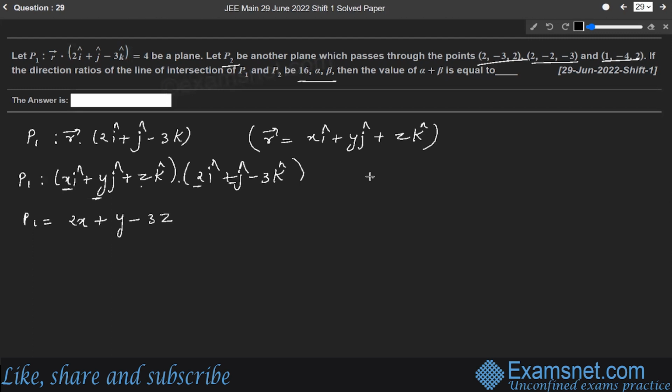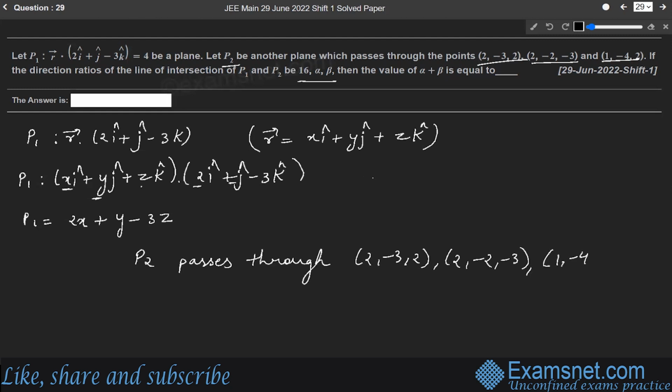Now you can see that for P2, three different points are given. So P2 passes through 3 points and the points are (2, -3, 2), (2, -2, -3) and (1, -4, 2), all right? So consider these as x1, y1, z1, x2, y2, z2 and x3, y3 and z3. Now we have to find the equation for the plane P2.